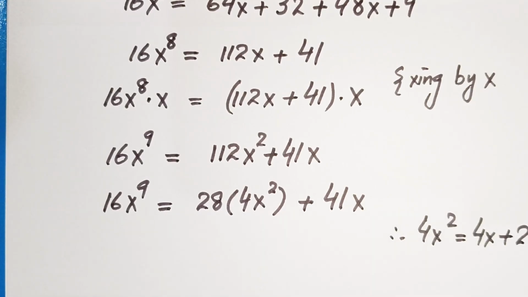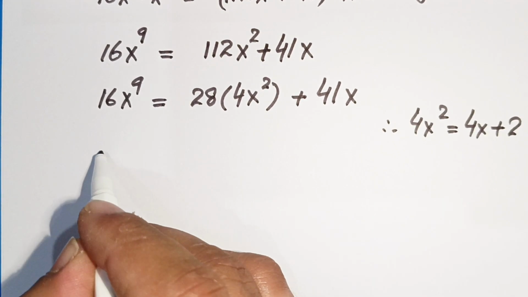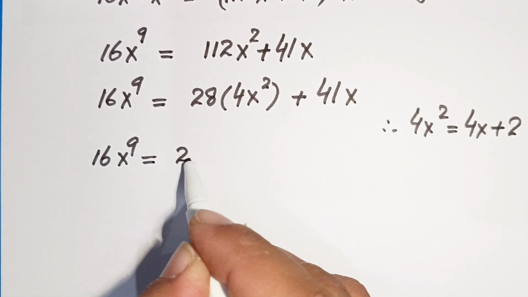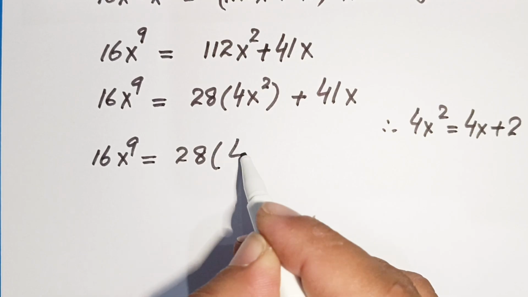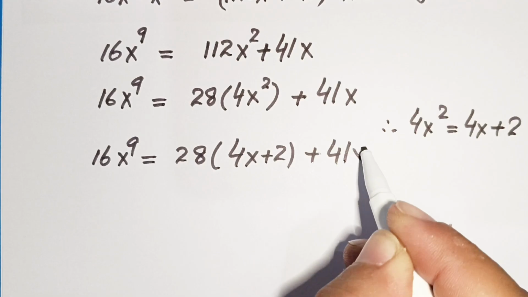So substituting this value here, our next step is 16x to the power 9 is equal to 28 multiplied by (4x plus 2) plus 41x.